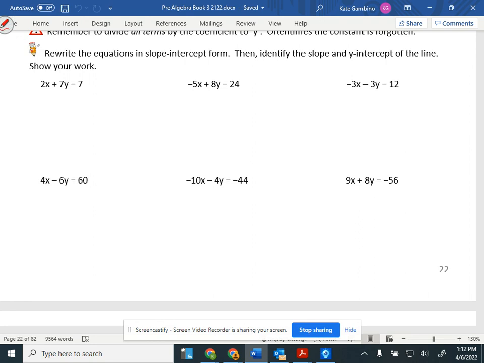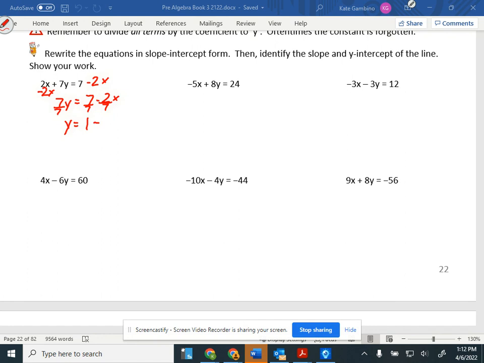I subtracted 2x from 2x. Okay, so we got 7y equals 7 minus 2x. And then you divide it by 7, right? So we get y equals 7 divided by 7 would be 1. So instead of leaving it 7 divided by 7, we want to simplify it.